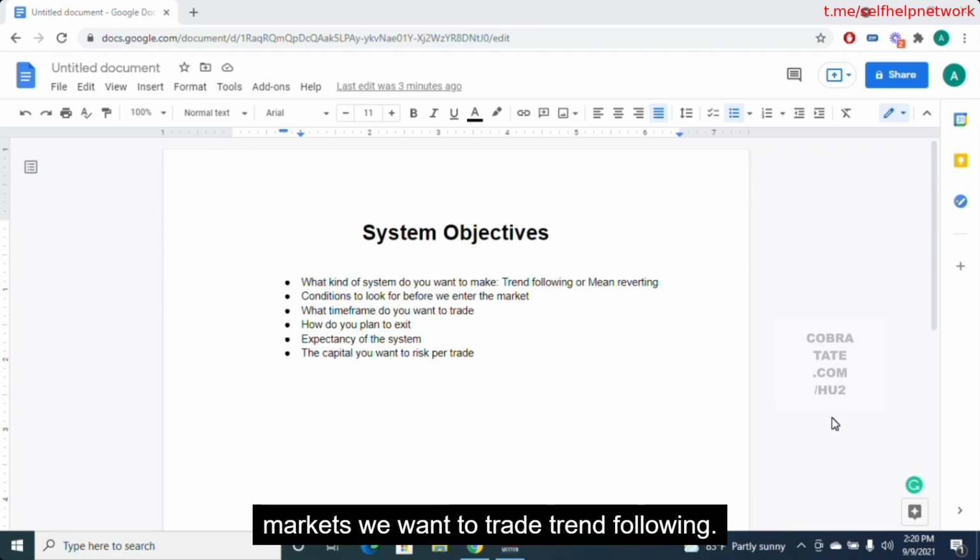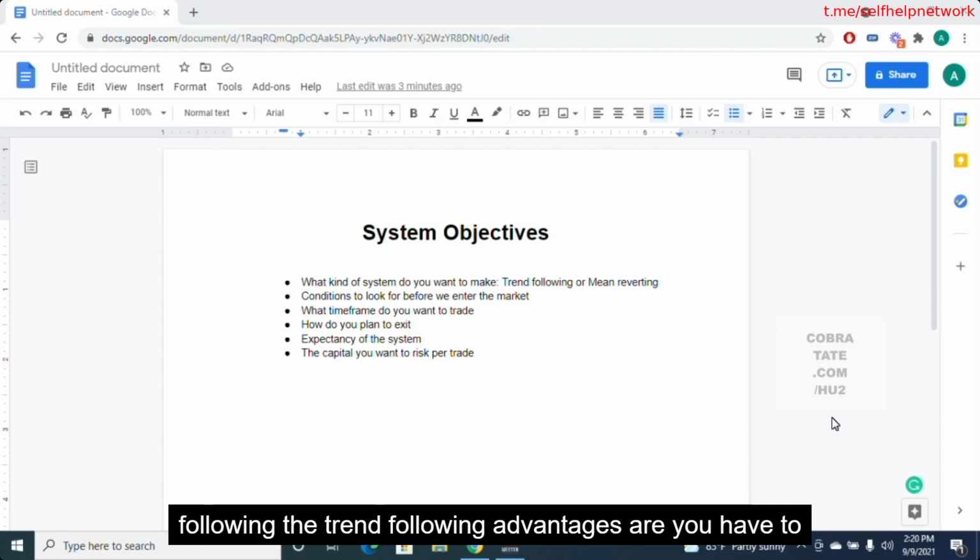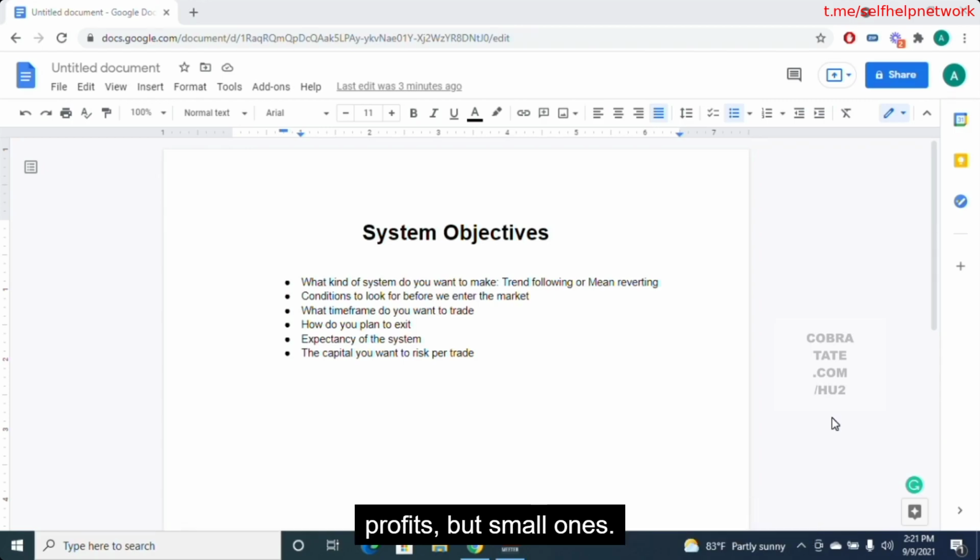Let me see, what are the advantages of trend following? With trend following, you have to get in a trade and then you probably have to wait as the trend figures itself out, while mean reverting is more quick profits but small ones.